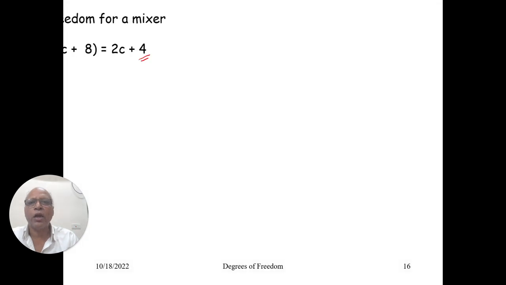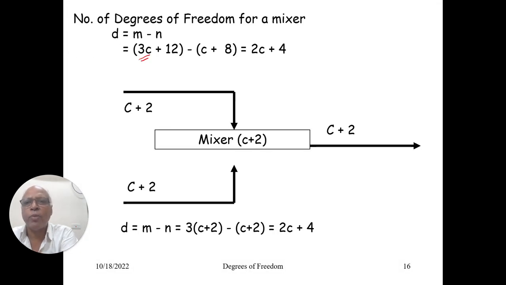So that takes care of all the variables involved. As per the definition of degrees of freedom, the difference is 2C plus 4. So at least in the case of a mixer, you need to define a minimum number of 2C plus 4 variables to complete the definition for a problem involving only a mixer, right?